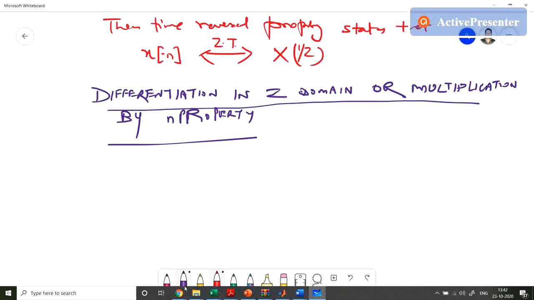Likewise in continuous time, if you remember, if you have x(t) with Laplace transform X(s), then minus t into x(t) gives the Laplace transform minus dX(s) divided by ds.